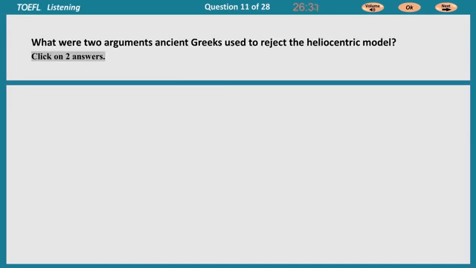What were two arguments ancient Greeks used to reject the heliocentric model?